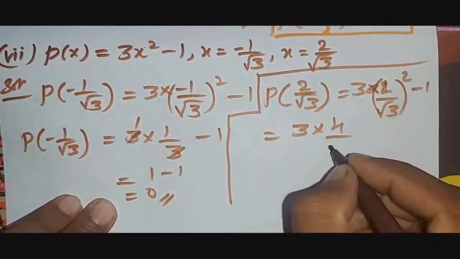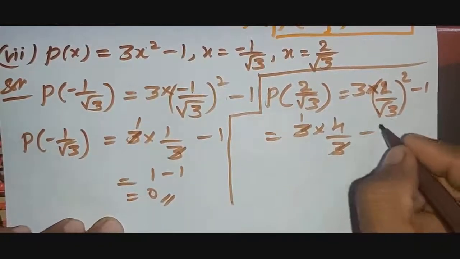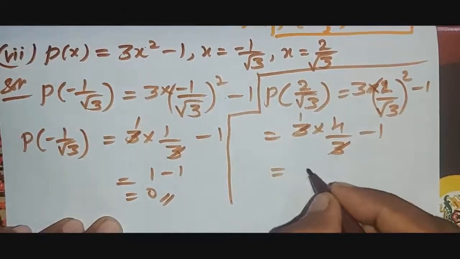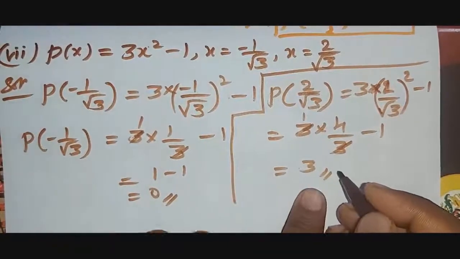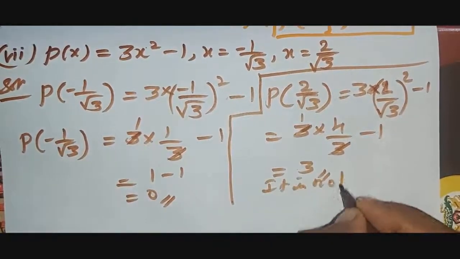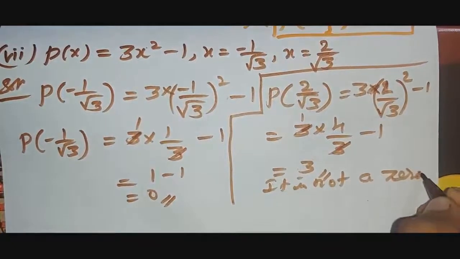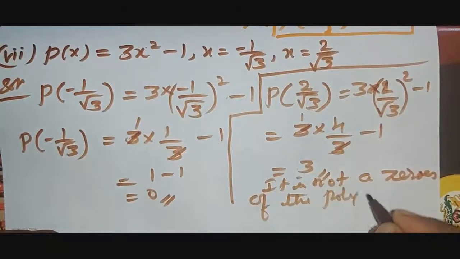Square root will get cancelled, 3 as it is, 3 and 3 cancel, right? Minus 1 is equal to 4 minus 1 which is equal to 3. Therefore, it is not a 0 of the polynomial. It is not a zero of the given polynomial.